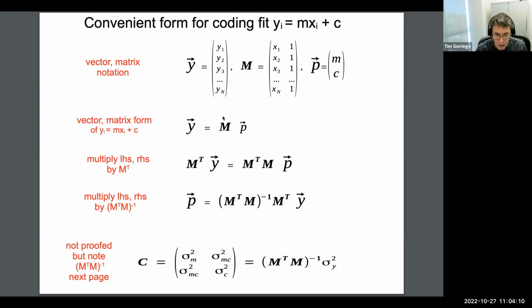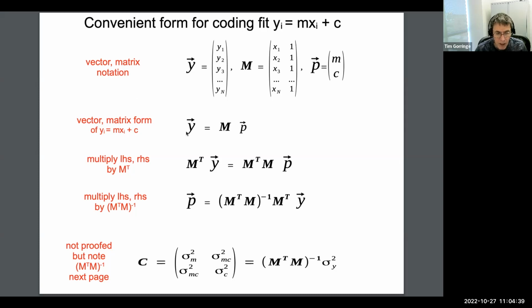And so you see that this matrix form of the relationship between all the measurements of the independent variables and dependent variables and the parameters of the fit function holds.